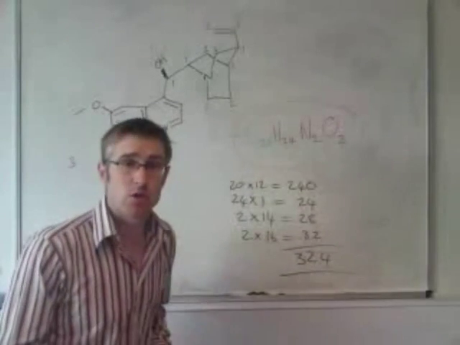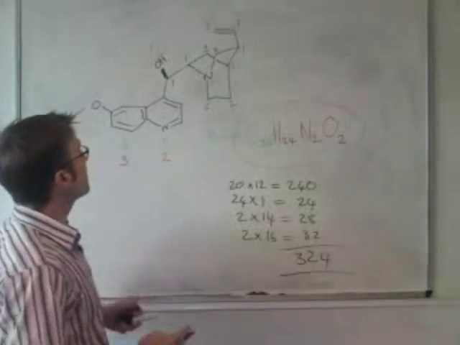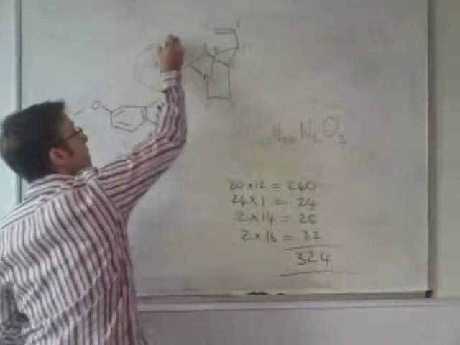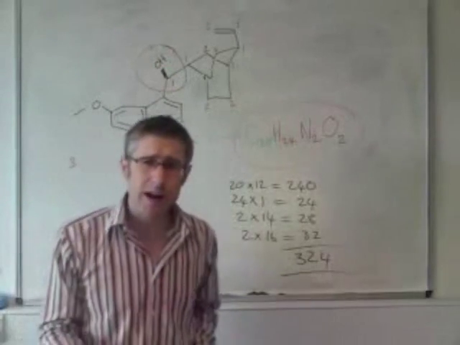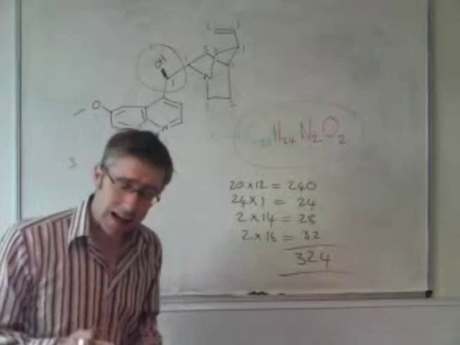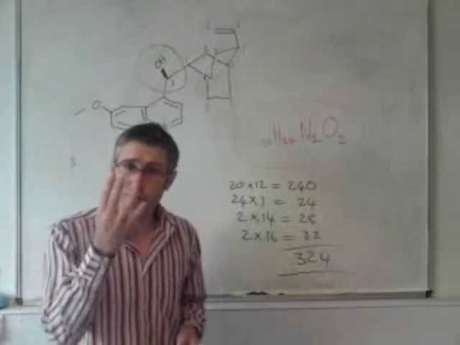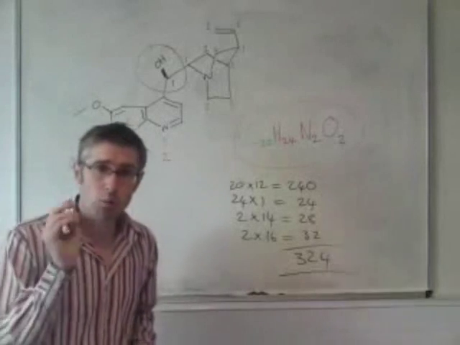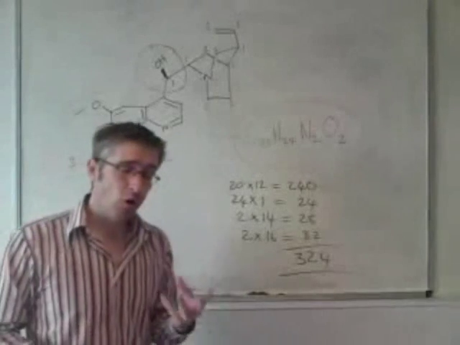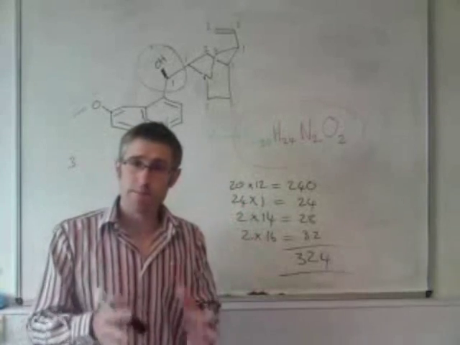And the final thing I asked you about quinine was, is it chiral? Well, if we focus in on this part of the molecule, where we've drawn in 3 dimensions, of course, for something to be chiral, we need to have groups pointing in different directions. We need 4 different groups on one carbon atom. If we have 4 different groups on a carbon atom, then the mirror image is non-superimposable.